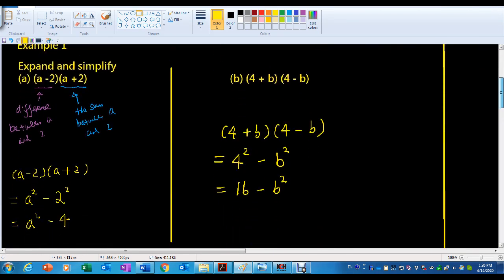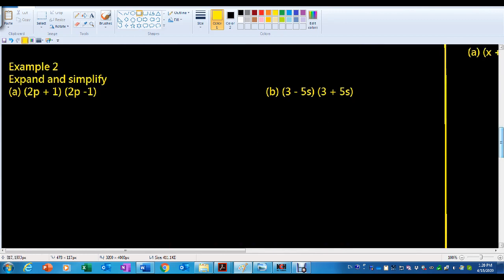Okay, let's do more. This time I give you 2p instead of just one single variable. You've got a number times a variable in the two brackets. So you've got 2p plus 1, 2p minus 1.